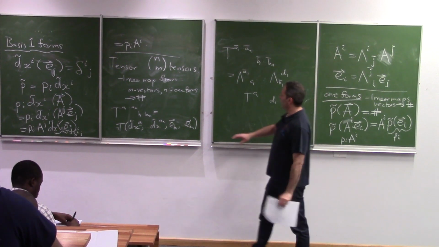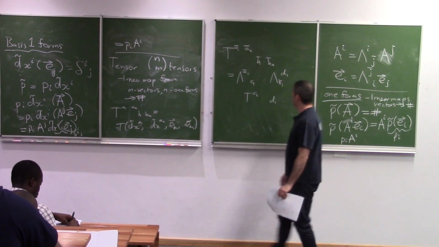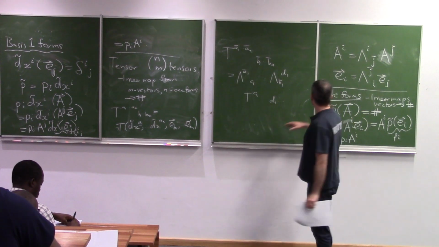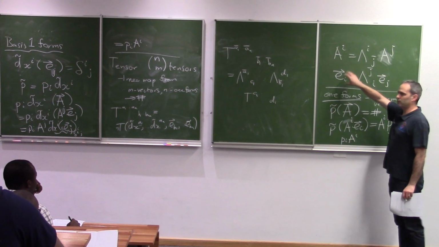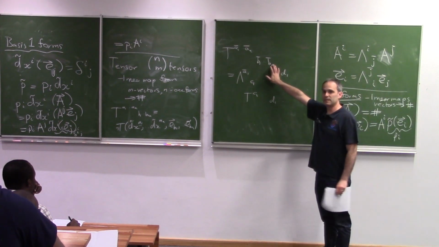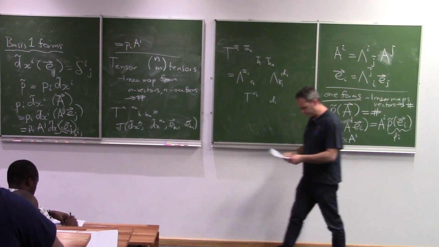But basically, because of this linearity property, once I know how vectors transform, and I know how basis vectors transform, that implies this transformation property for all tensors.